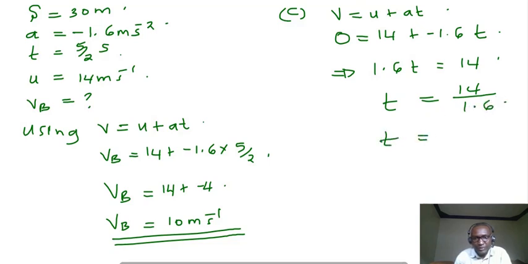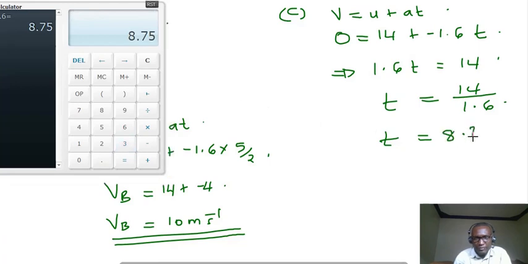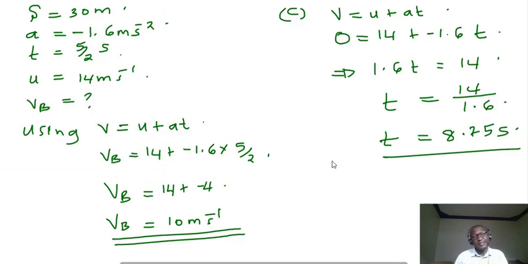When you press this on the calculator, the answer is 8.75 seconds.